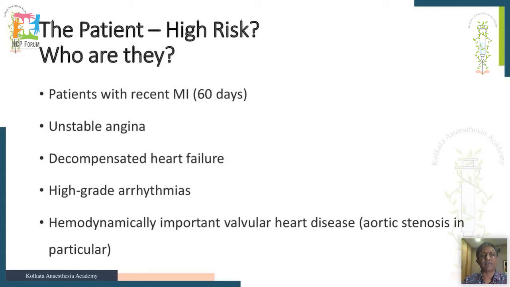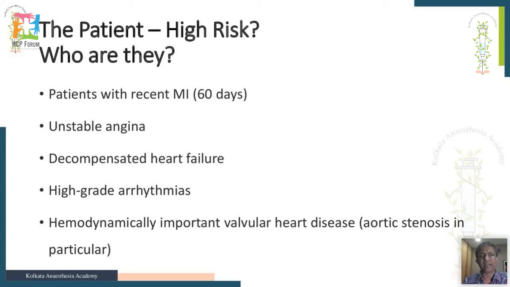Then high grade arrhythmias, things like what Dr. Gaurav also talked about, basically Mobitz type 2 or a third degree heart block, or AF with a high ventricular rate, or any of the supraventricular or ventricular arrhythmias. So those are the high-grade arrhythmias. If they have these, it's a high risk.